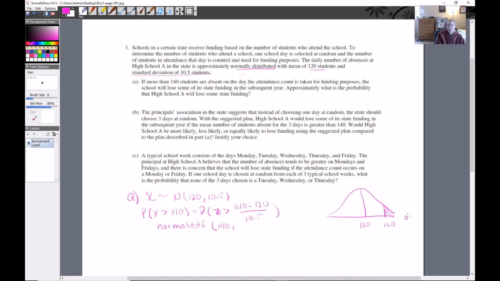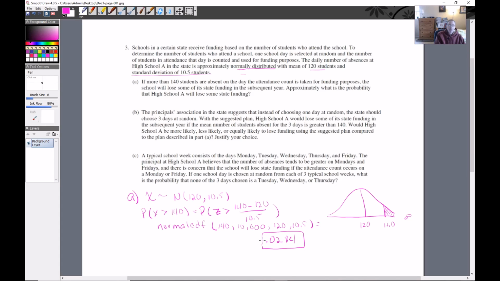Somewhere out here is infinity. We'll just go to 10,000, that's good enough. And 120 for the mean, and 10.5 for the standard deviation. And that'll give us 0.0284, which is correct.